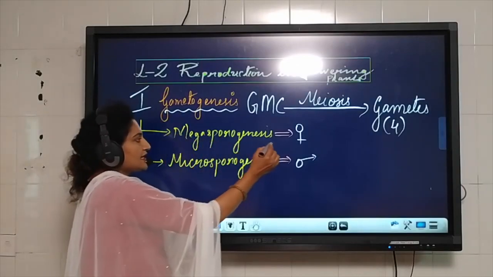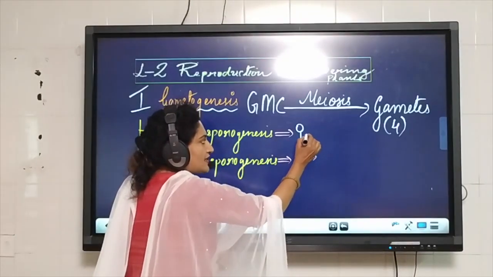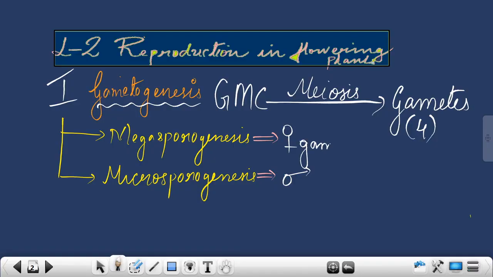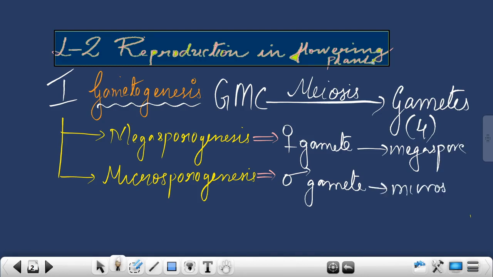Now in plants, there are the two gametes, the female gamete and the male gamete. The female gamete is called the megaspore and the male gamete is called microspore.